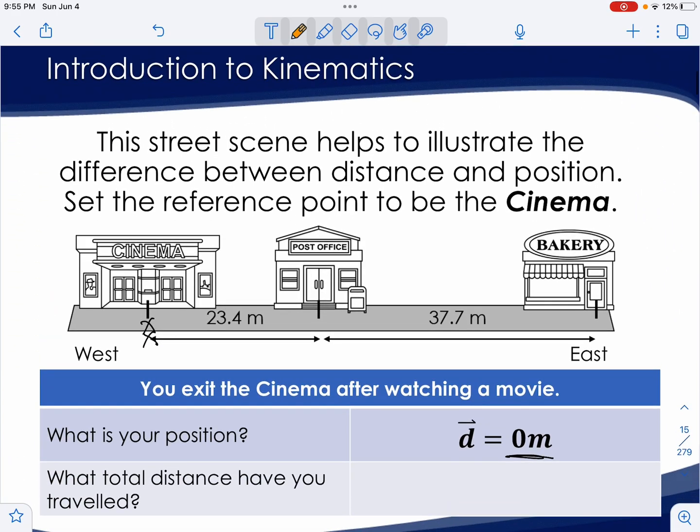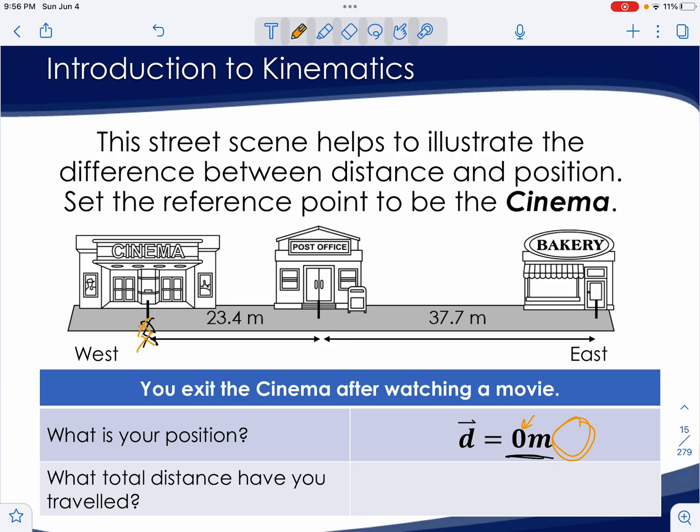Okay, so let's look at our answers. What is your position? Well, if you start here and you end here, your position is going to be 0 meters. Now notice that there's no direction here. The only time a vector would not have a direction would be when the magnitude is 0, because it's obviously not east, west, north, or south, it's right where it started.